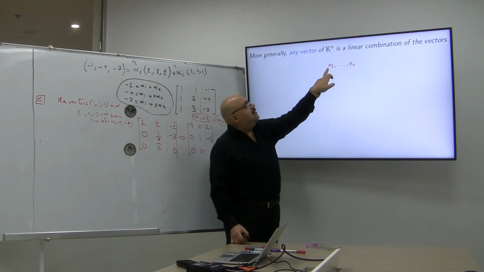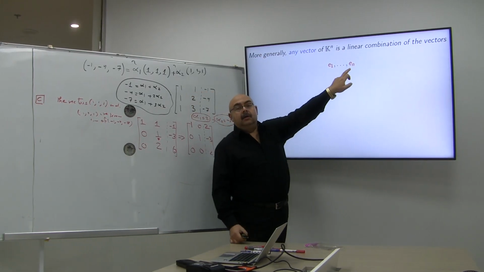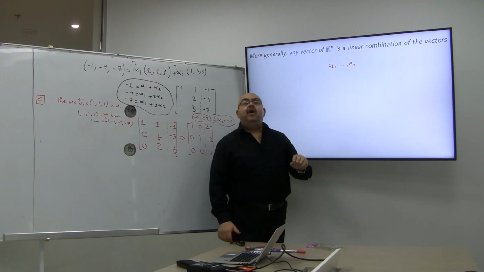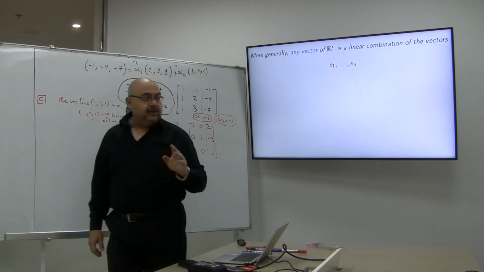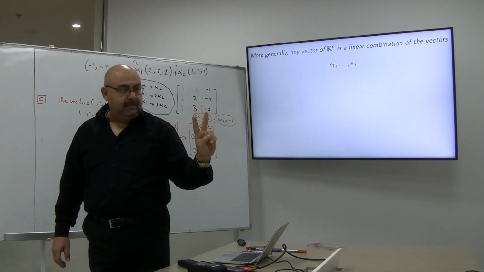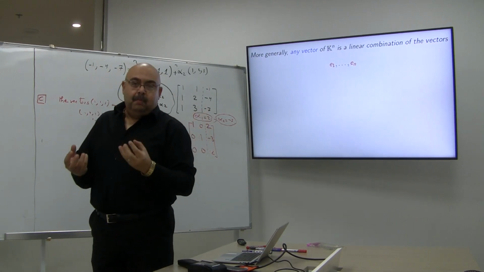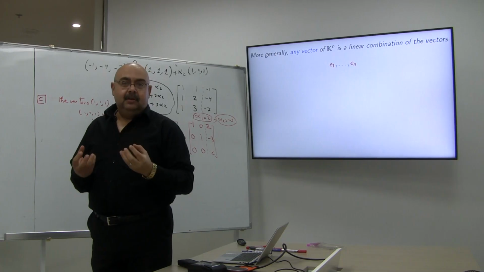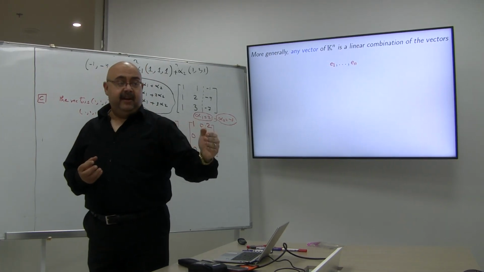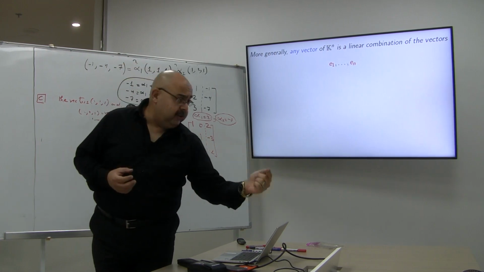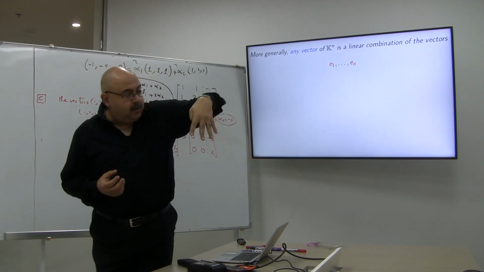Also, we can extend it to En. En means you have an n-dimension vector space. Because I can have vectors in 2 dimensions, which contain 2 components, like 2, 1. I can have vectors in 3 dimensions, like 3, 4, and 5. I can have vectors in 4 dimensions, with 4 components.